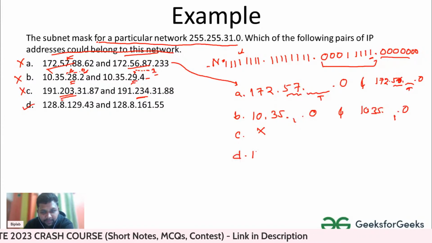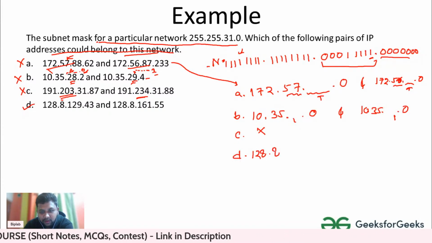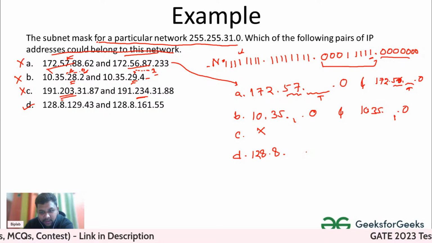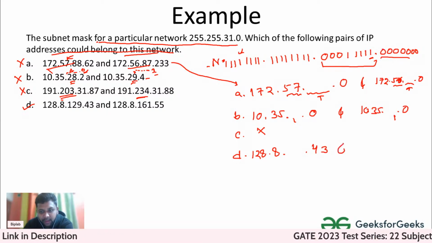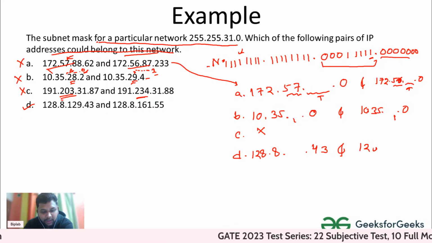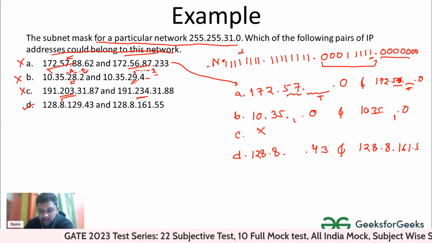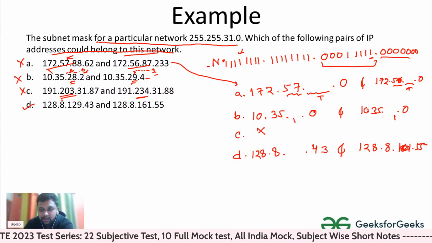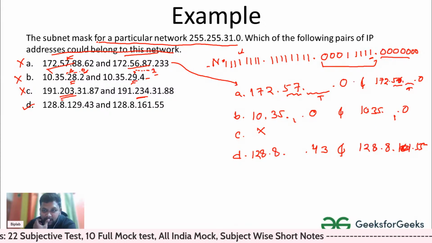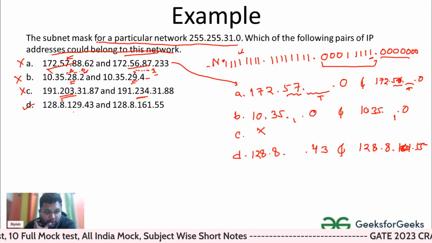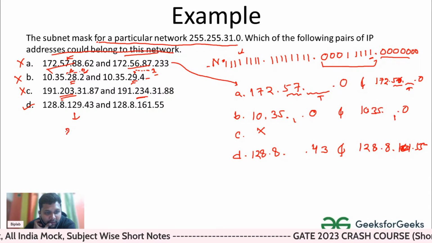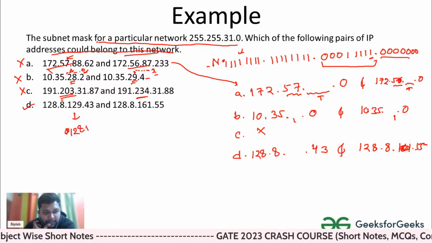For D, you have 128.8 dot something dot 43 and 128.8.161.55, sorry, not 161. We will perform an operation. Now consider 129, what you have. You have 128 plus 1.